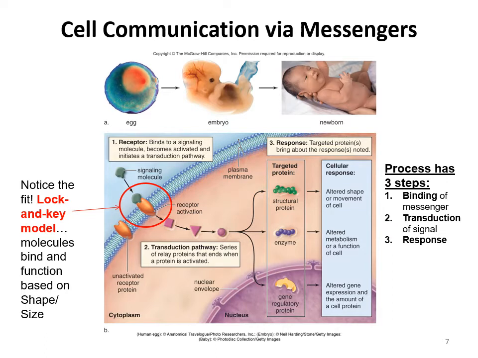Once they bind, you then get what's called transduction. Okay, so you get the binding of a signaling molecule, which is a messenger, sets off transduction of the signal, which basically means it's a pathway of different signals passing from one protein to another to then trigger a response, which is usually in the form of activating a gene, activating an enzyme, or building a protein.